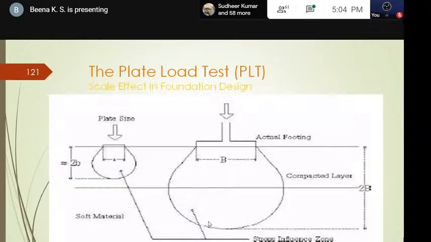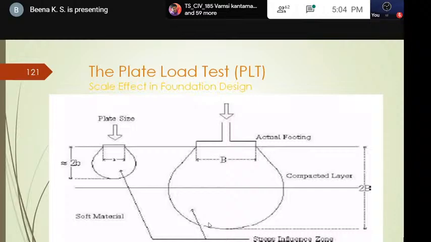Now, the major disadvantage of this plate load test, actually, the first thing, it is a cumbersome test, and it requires skilled manpower to evaluate.